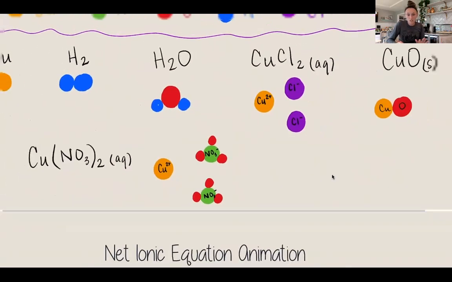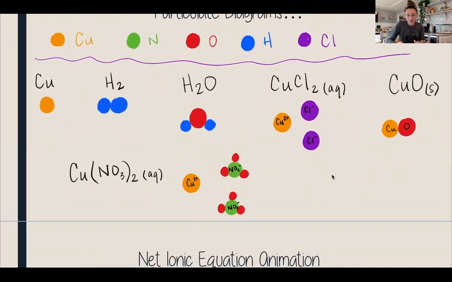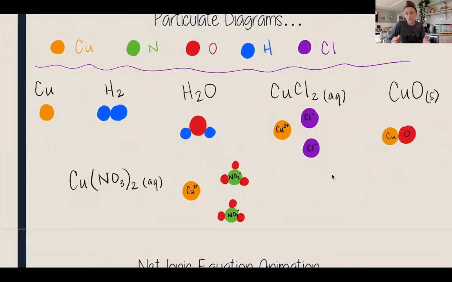Okay, so just a little reminder of particulate diagrams. This is really to help us visualize what's going on in the chemical reaction. And then a net ionic equation, when we're writing those, is going to help us really focus on the important parts. So between these two things, the particulate diagrams and the net ionic equations, we should have a really solid understanding of what's happening on an atomic level in a chemical reaction.